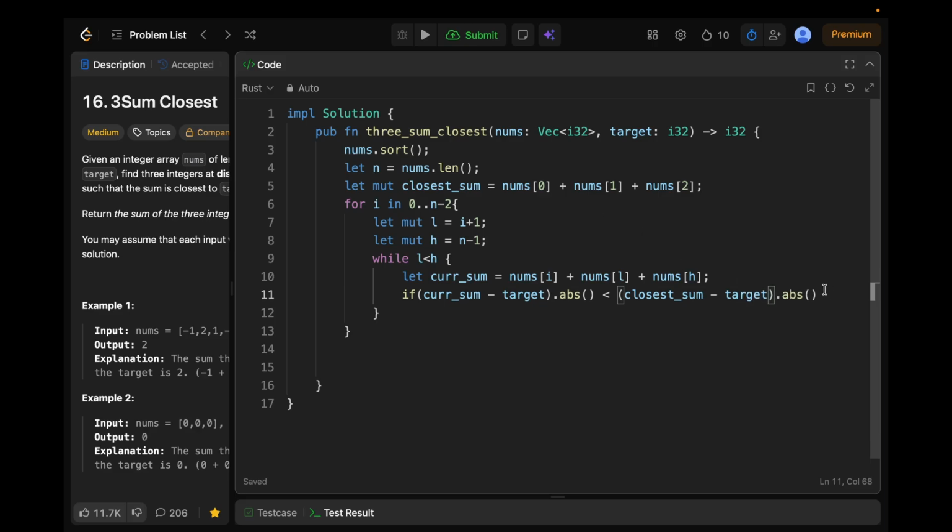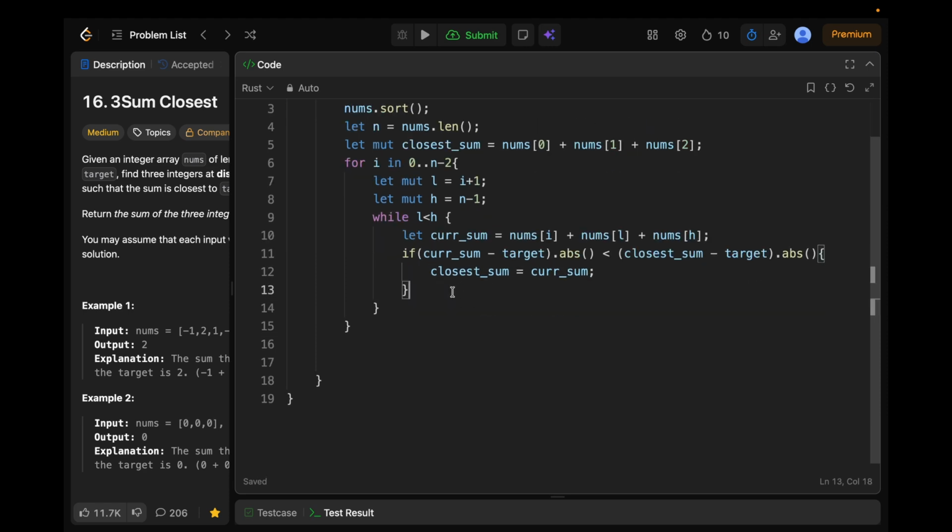If this condition is true, we update the closest sum to current sum. After this we check if my current sum is less than target. In this case, I do low plus equal to 1, and my else if condition would be my current sum is greater than target.